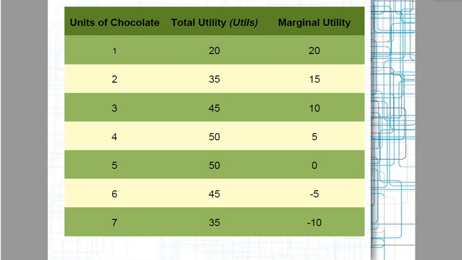That's the whole purpose behind assigning some kind of number to utility. And this idea is much more intuitive when we start talking about it.